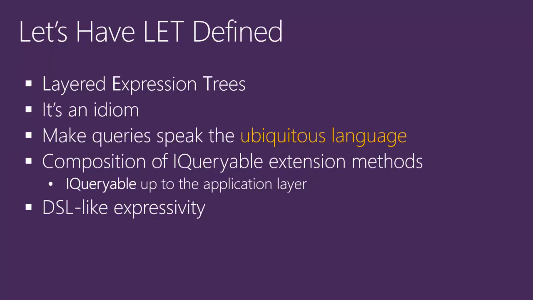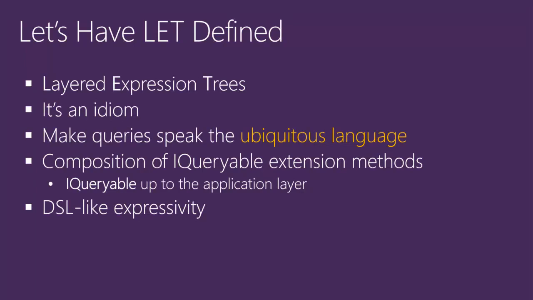So no way we are talking about downloading 1 million records and then filtering the 3 records we actually need to display for the presentation. We are talking about building the SQL query step by step as we move from the bottom to the top of our read stack. We gain a domain-specific language kind of expressivity.